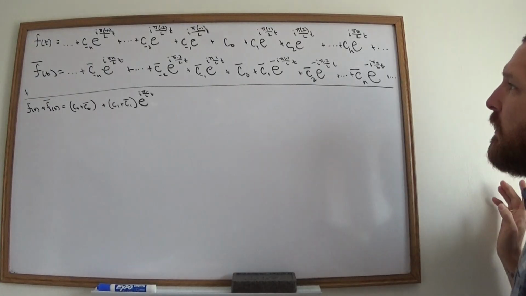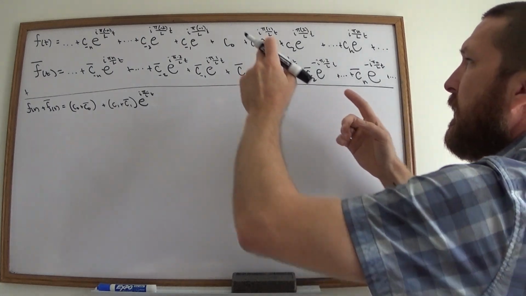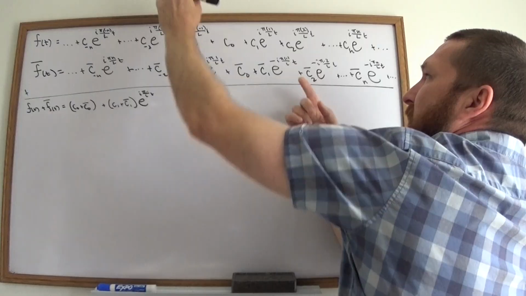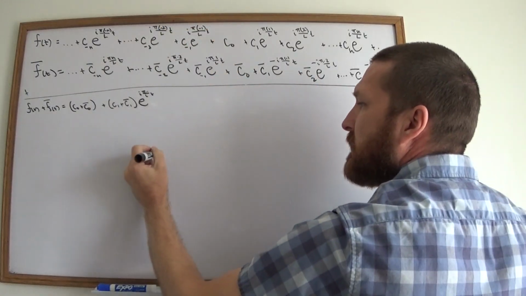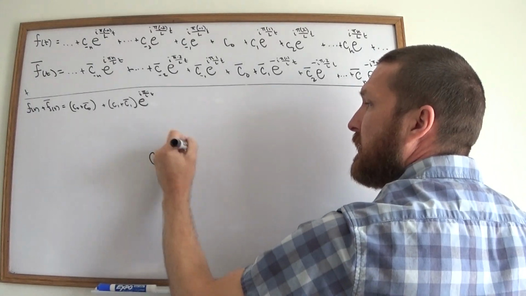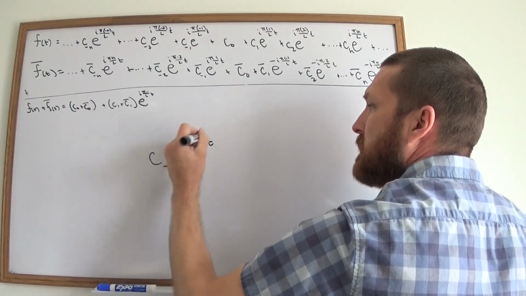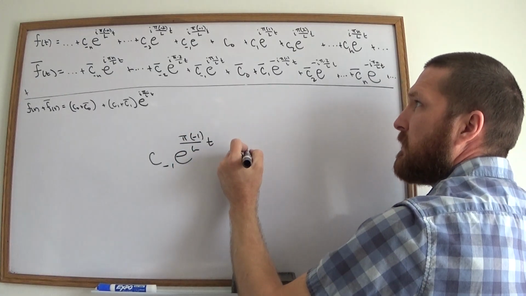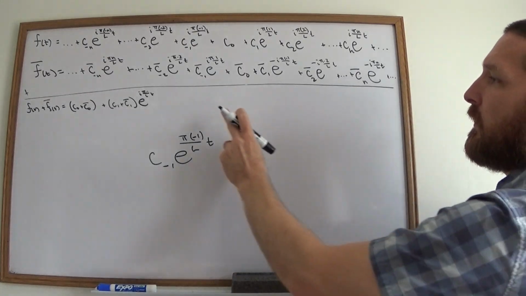Let's move our way out. But now look at this. These guys have the negatives. That's the same thing as this, just to be explicit here: C negative 1 e to the negative 1 pi LT. If I add that to this one, look at what I did.